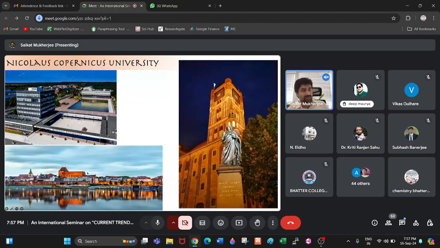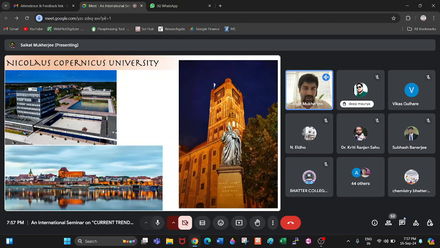Torun is a small city in Poland, roughly 3 hours from the capital Warsaw. Torun is situated beside the Vistula River. Most importantly, Torun was the birthplace of the very early scientist, the great mind Nicolaus Copernicus.